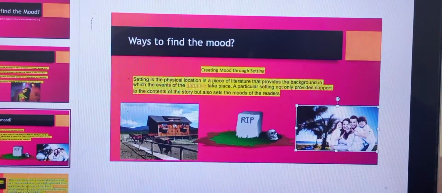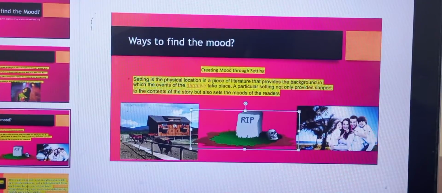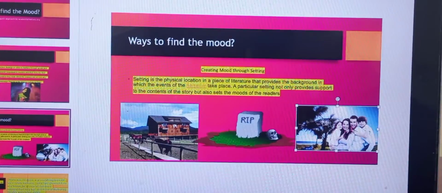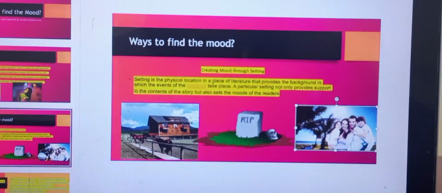Everyone is smiling. So sometimes the setting, this is a farmhouse, this is a cemetery, they're at the beach, or they are taking a family trip. The setting creates a certain mood in the reader.